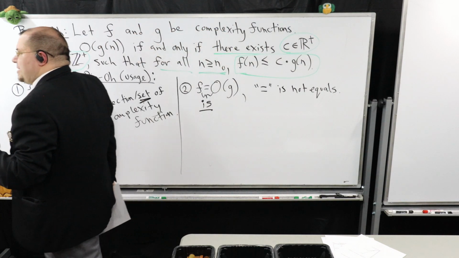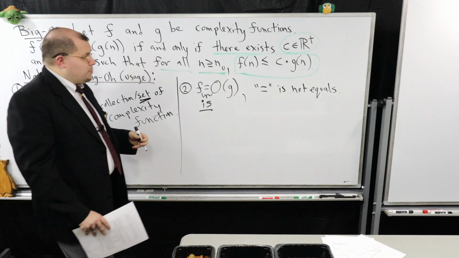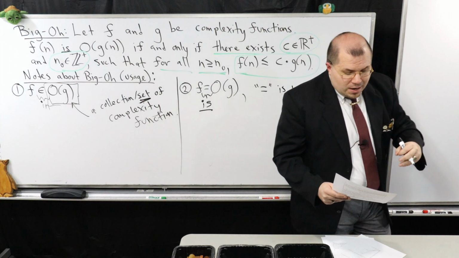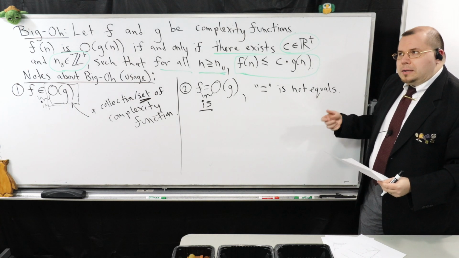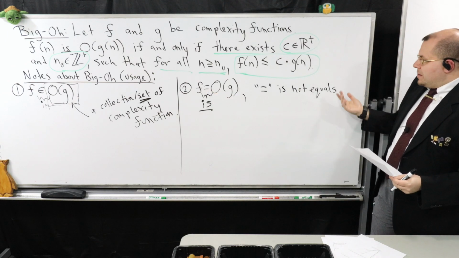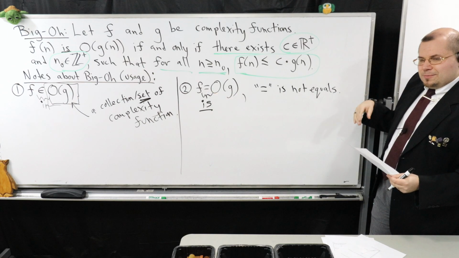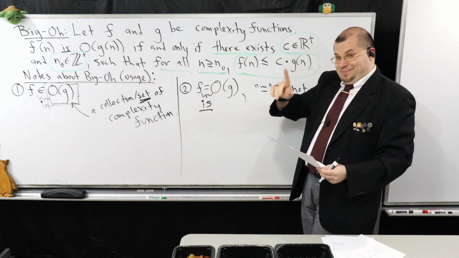Usually when somebody talks about, here's my complexity function, f is big O of g, or f is in big O of g, either one is a pretty common way of saying these things. But I must stress that it's a very common convention among computer science circles to use this equal sign for "is". So if you don't want to write the word is, you can use an equal sign like this, but it's not an equal sign.